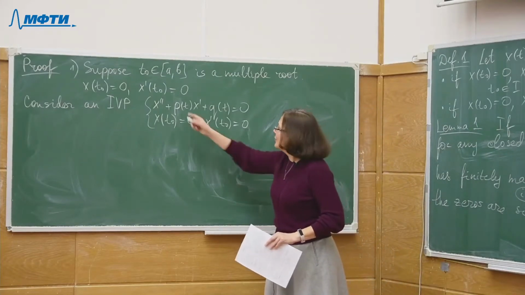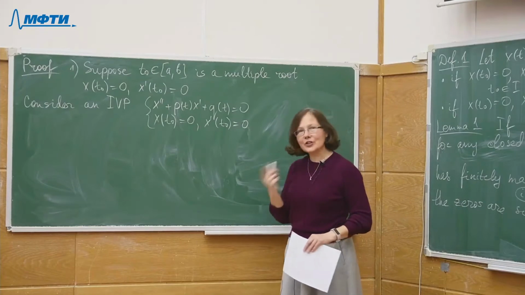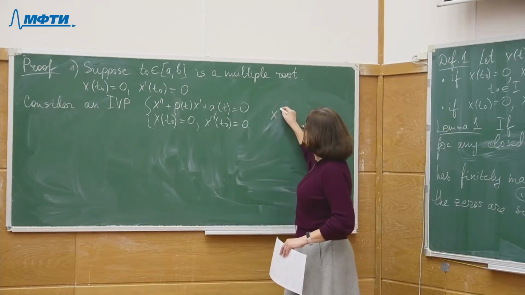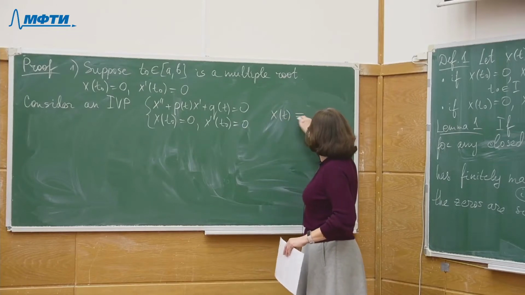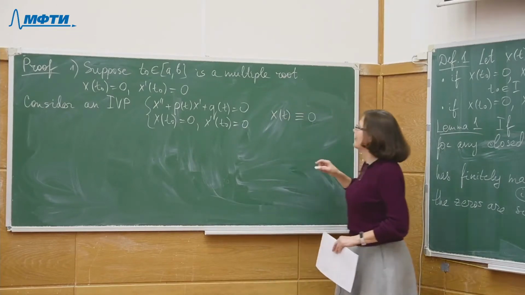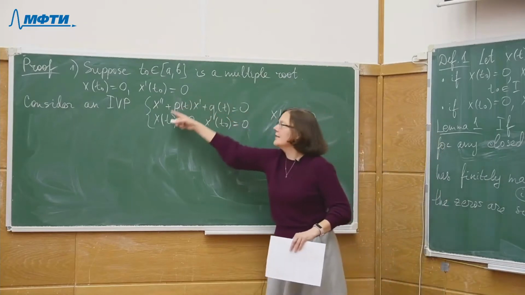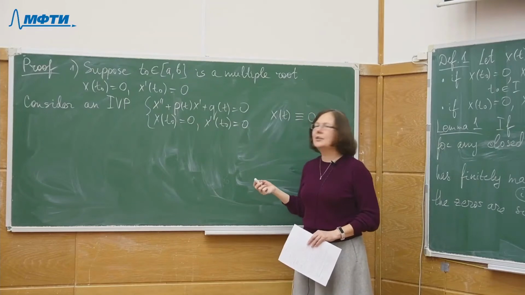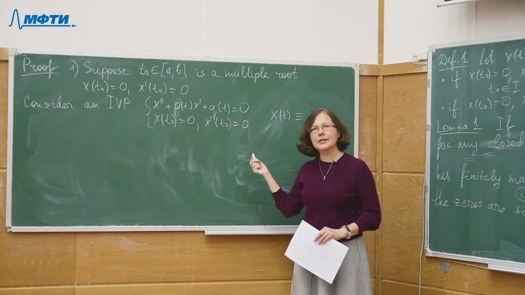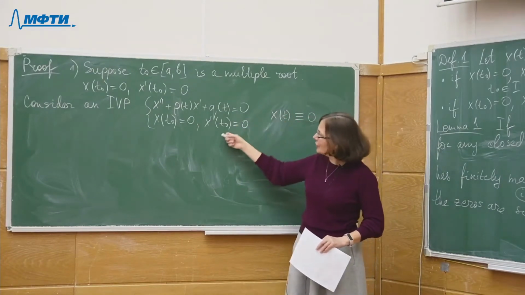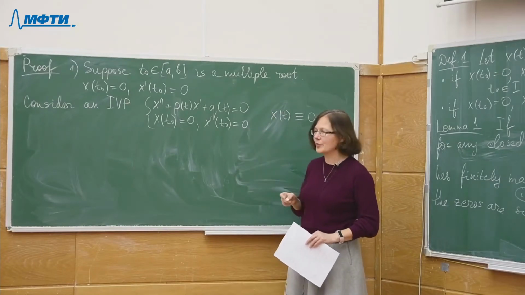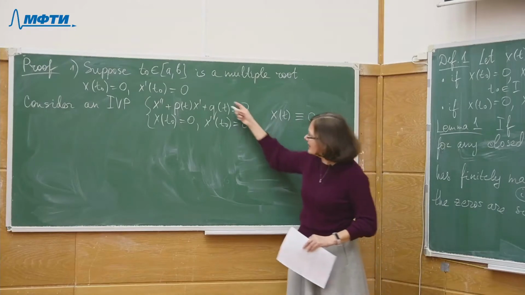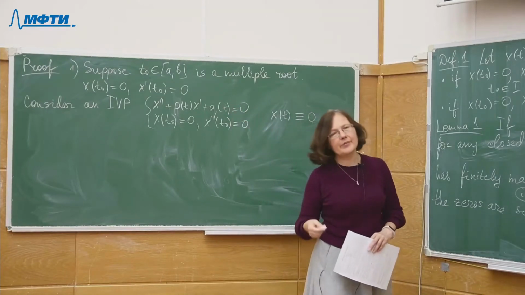But this is impossible for a non-trivial solution because we can see that the function x of t, which is identically 0, satisfies this initial value problem. But by the Picard-Lindelof theorem, the solution is unique. So this is a solution of this initial value problem, and no other non-trivial solution exists. This initial value problem cannot have a non-trivial solution.